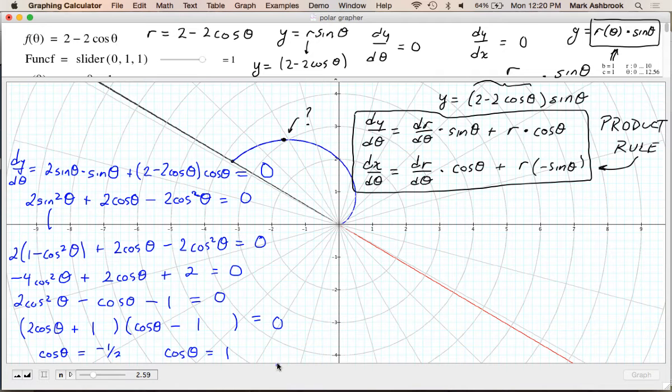So where is cosine theta negative 1/2? Pi over 3. Anywhere else? Between 0 and 2 pi, is there anywhere else?